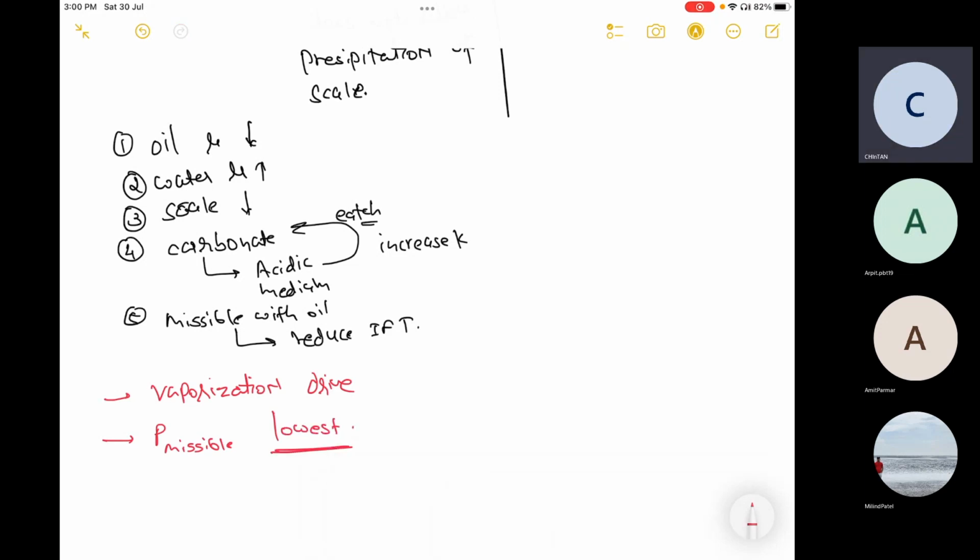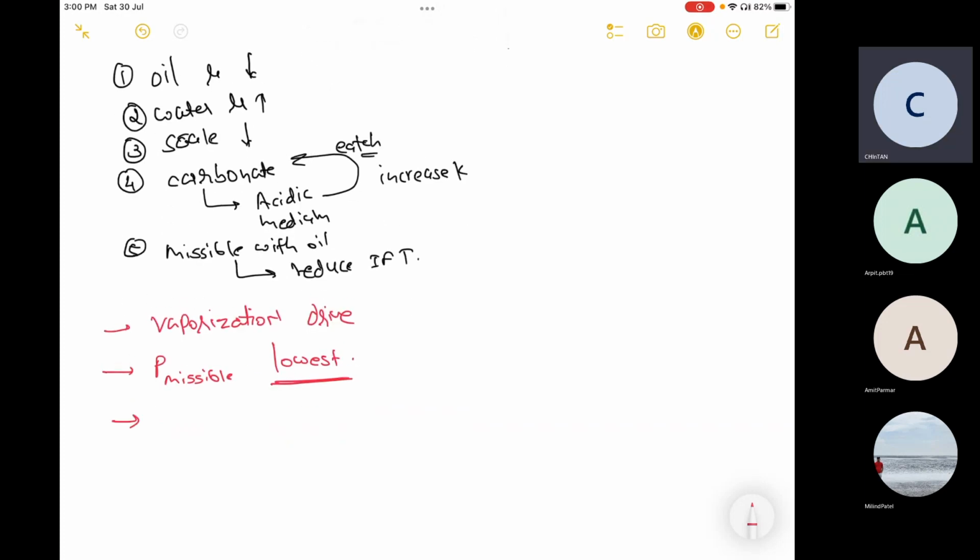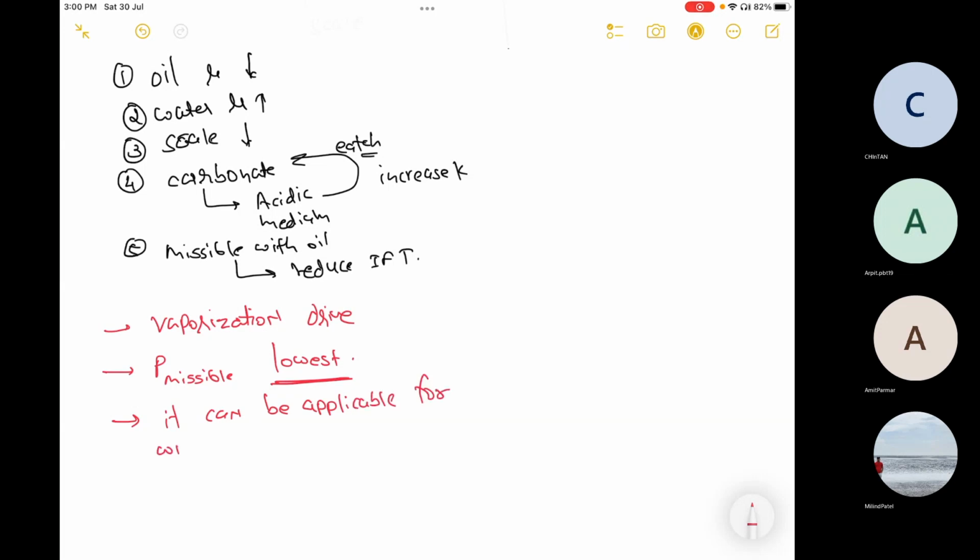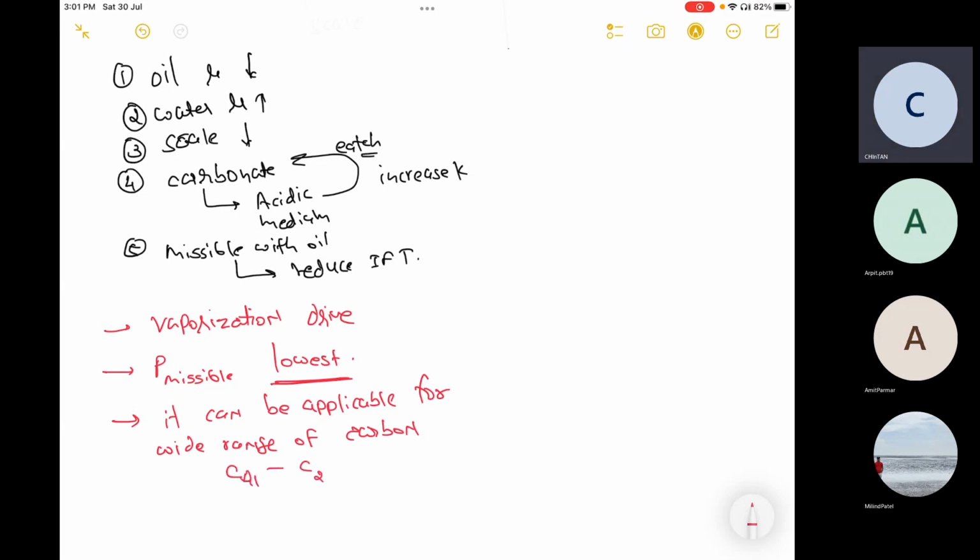लोवेस्ट मतलब सबसे कम, जो भी हमने सॉल्वेंट देखे हैं उन सबसे कम. Another benefit of CO2 flooding is it can be applicable over a wide range of carbon, that means C20 to C41.